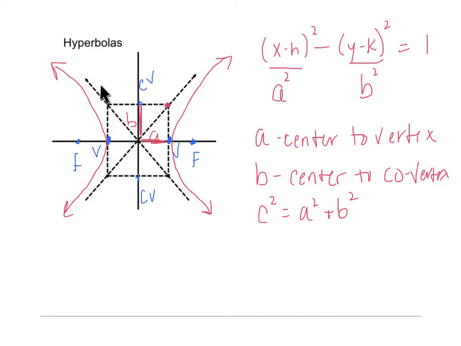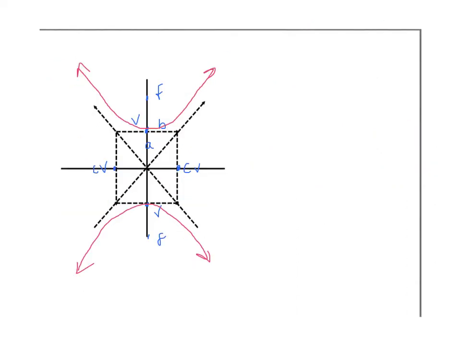So the asymptotes are going to be y equals plus or minus b over a times x. Asymptotes are lines, so you have to have the equation of a line.